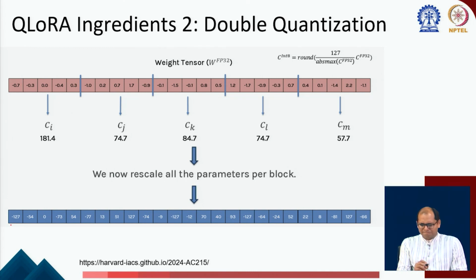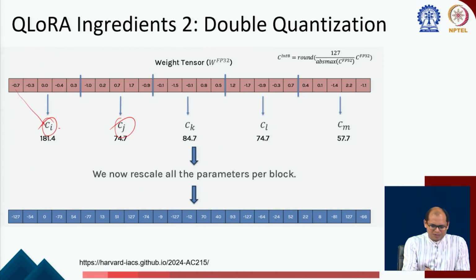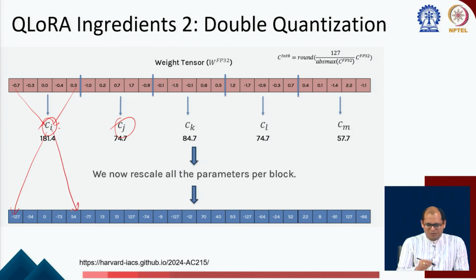So let's say, coming back to finding these constants, we independently rescale all the parameters. So this is the constant. What I will do is rescale the parameters. So this will use this particular constant to store, right?